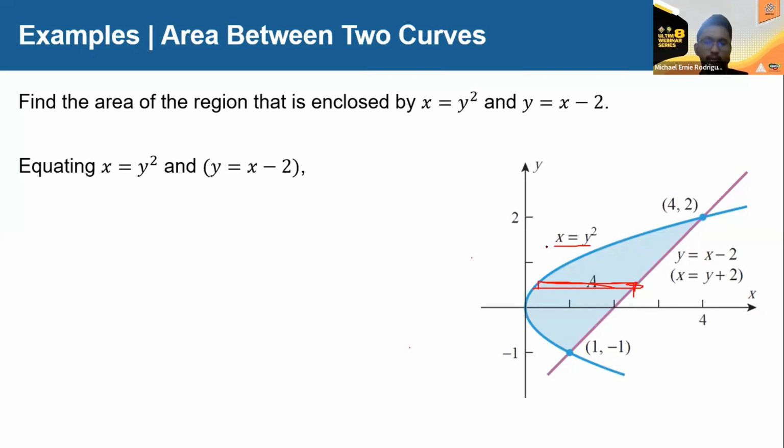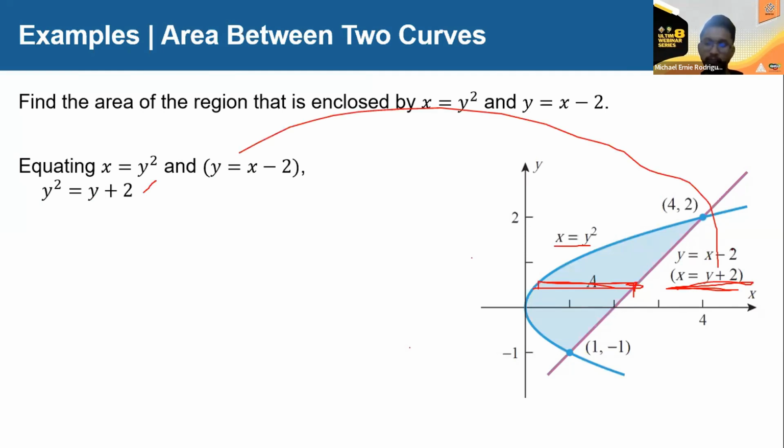So, dito, we equate x tayo. X is y squared and then we have yung y is equal to x minus 2. So, gawin natin siyang x is equal to y plus 2 para ma-equate natin. Okay? So, we have y squared is equal to y plus 2.